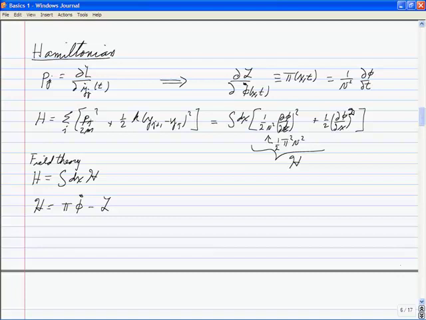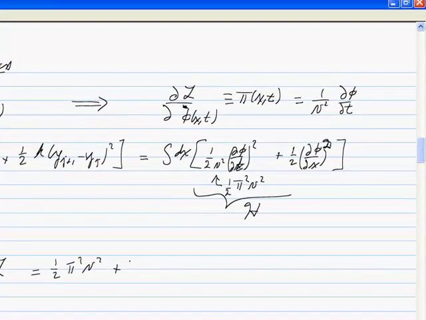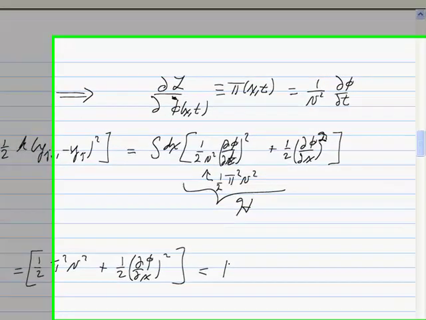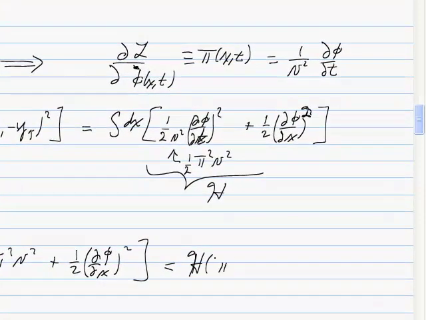Okay. That's a definition. It turns out to give you the same result. That also equals 1/2 pi squared v squared plus 1/2 d phi dx squared. It's, again, formally a function of the field and the canonical momentum.